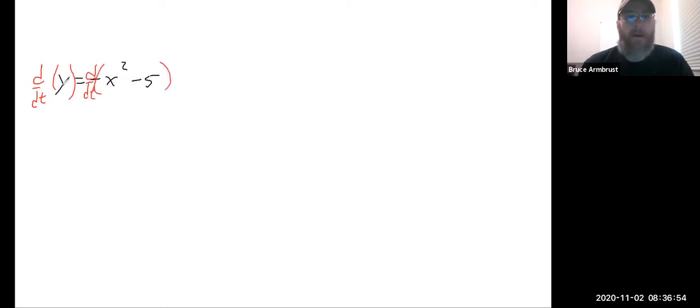Since y is a function of t, its derivative is going to be dy/dt. On the other side, minus x squared would give us minus 2x. But since we're differentiating with respect to t, and x is assumed to be a function of t, that means we have to throw on a dx/dt for implicit differentiation. And then the minus 5, its derivative is 0.